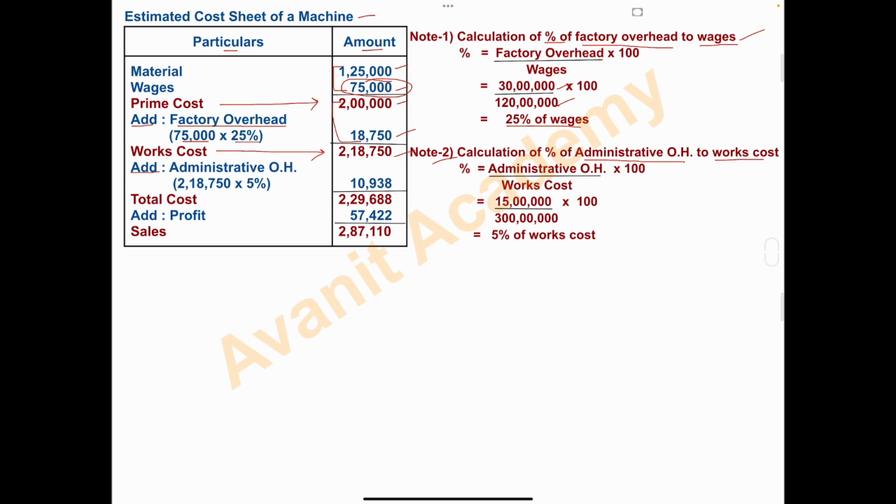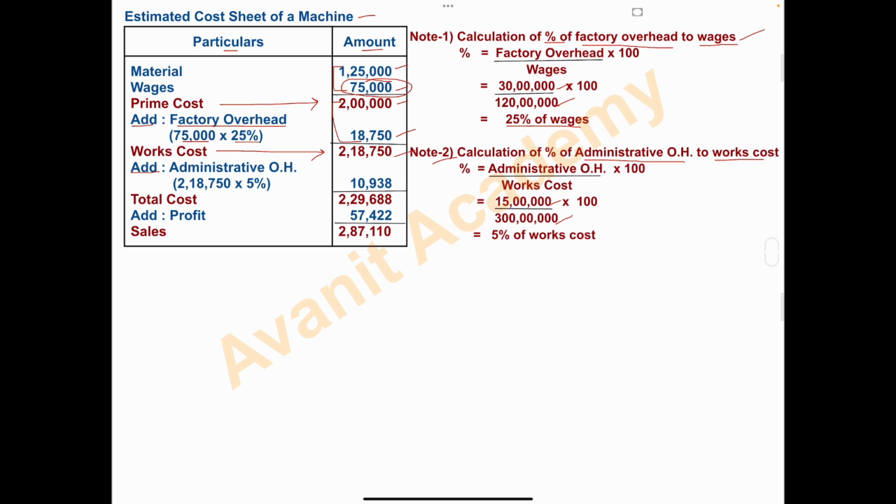So administrative overhead amount ಎಷ್ಟಿದೆ previous cost sheet ಅಲ್ಲಿ 15 lakhs. So right here administrative overhead 15 lakhs divided by works cost. So estimated cost sheet in a works cost ತಗೊಳ್ಬಾರ್ದು. Previous cost sheet in a works cost ಎಷ್ಟಿದೆ 300 lakhs. So write 300 lakhs. Administrative overhead amount is 15 lakhs.